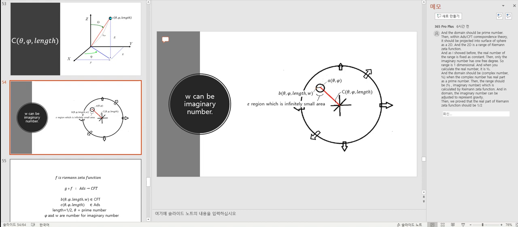And when you calculate the real part, it is half, and the domain should be complex number, comma, half. When the complex number has a real part as a prime number, then the range should be half, comma, imaginary number, which is calculated by the Riemann zeta function. And in the domain, the imaginary number can be adjusted to represent gravity. Then we proved that the real part of the Riemann zeta function should be half.